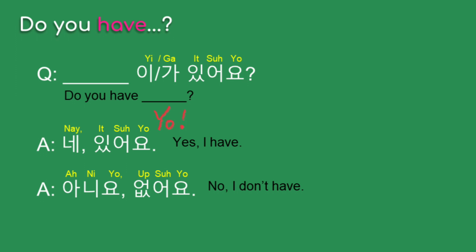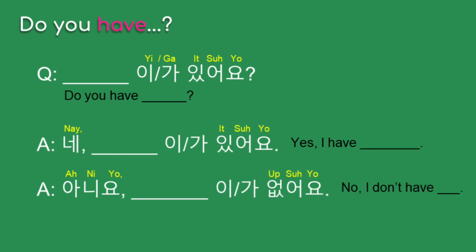아니요, 없어요. You can also just say 네, 아니요, without 있어요 or 없어요. So 물이 있어요? 네. 물이 있어요? 아니요. You can also repeat the question when you answer. So 물이 있어요? 네, 물이 있어요.